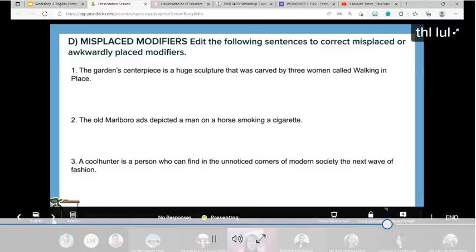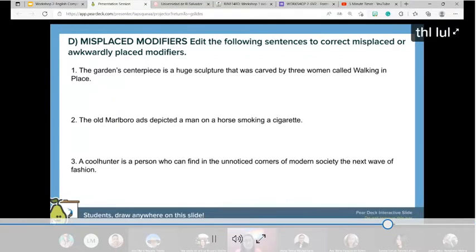Okay, let's move. Misplaced modifiers. The garden centerpiece is a huge sculpture that was carved by 3 women who were walking in place. Sounds weird, right? Let's work together on this one.